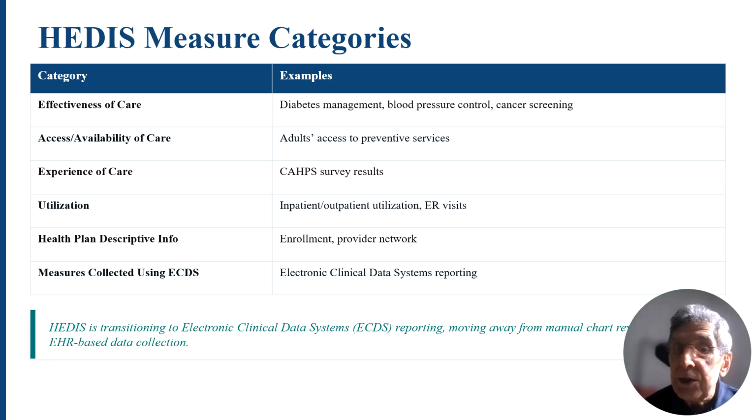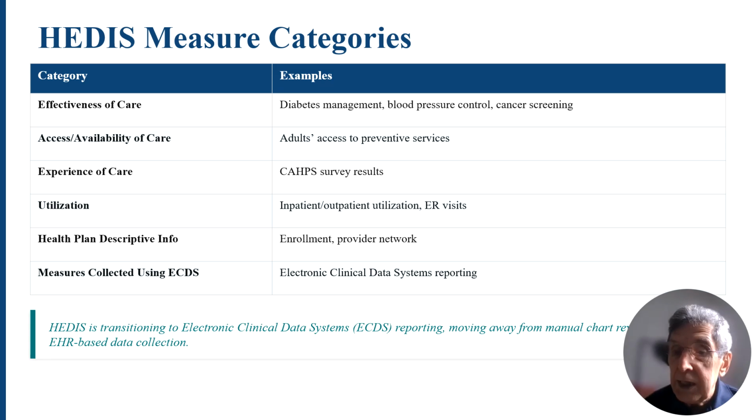HEDIS measures are organized into several broad categories. Effectiveness of care is the largest and most clinically focused category, covering things like diabetes management, blood pressure control, and cancer screening rates. Access and availability of care measures determine whether patients can actually get to preventative services.